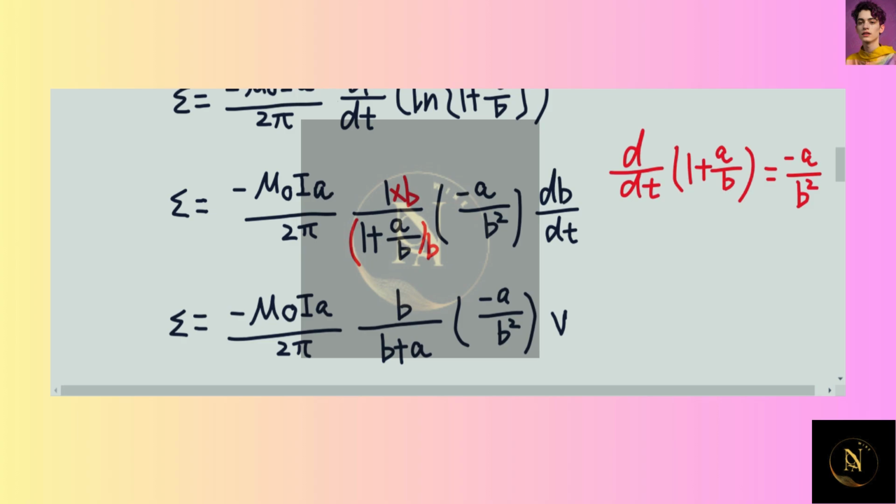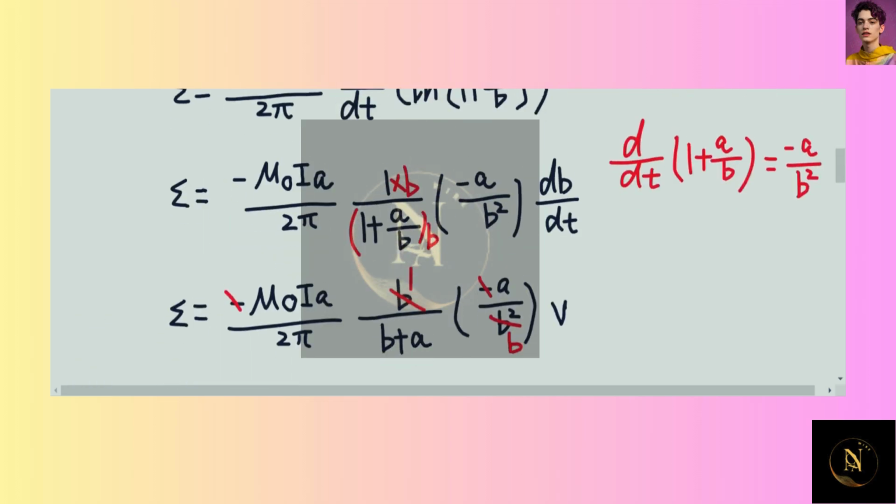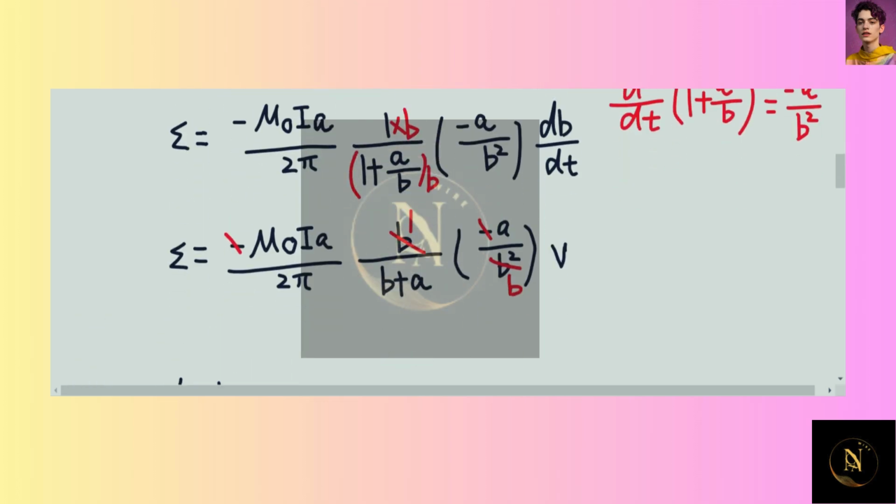And then as you can tell, b can be cancelled out, and the negative sign can be cancelled out. And then eventually, if we do some arrangement here, we'll have EMF is equal to mu0 I A squared over 2 pi b times b plus a, and it should be times velocity here as well.